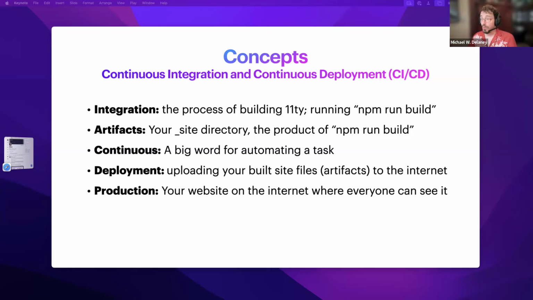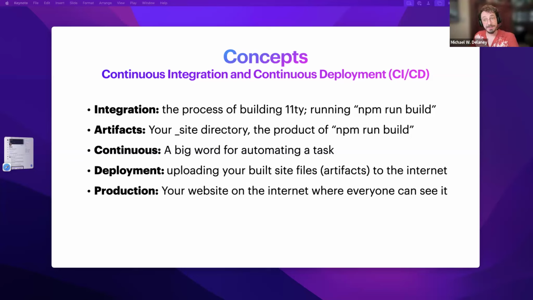Integration is really just typing npm run build on your 11ty site. We call it integration because you're regularly rebuilding your site and integrating your changes as you work. 11ty is designed with this kind of workflow in mind, and if you use a development process that automatically refreshes your browser when you save a change, you're already doing this while you work.